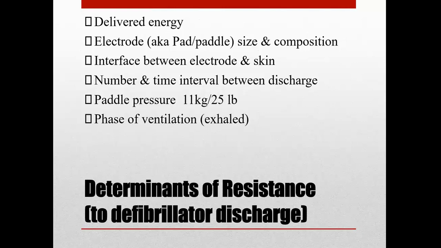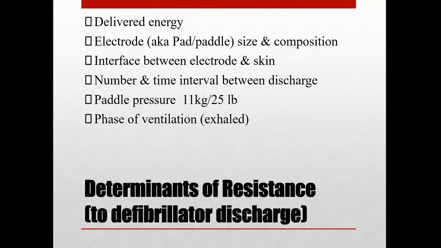Okay. So determinants of resistance to defibrillator discharge. The major determinants of the resistance to defibrillator discharge are operator and patient dependent. The influencing factors are the amount of energy delivered, so the output of defibrillation is quantified in joules.